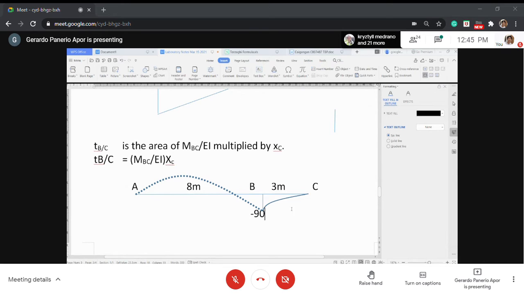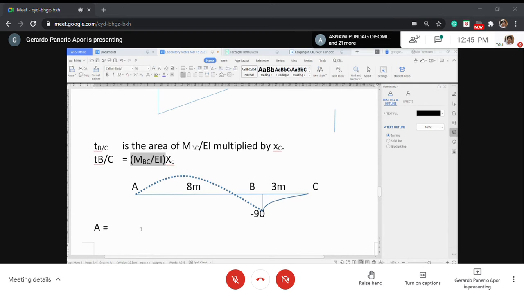Now, so the area of the M over EI, okay, that one, alam sa x of c, is equal to, this is a spandrel of a parabola, where n equals 2, so the factor there is not 1/2. 1/2 is only applied to a triangle.